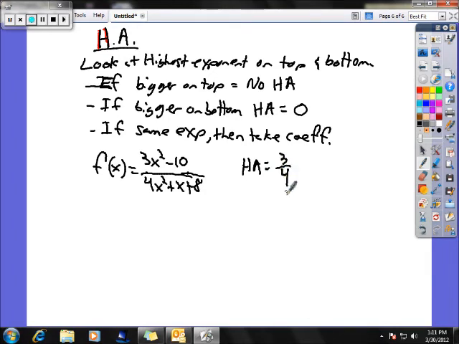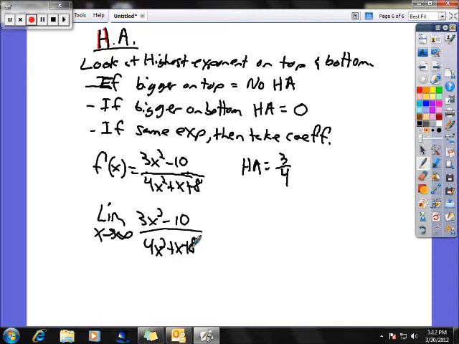Now, the limit as x approaches infinity, let's look at it this way. We're going to get the same answer because that's what horizontal asymptote means. The limit as x approaches infinity of 3x squared minus 10 over 4x squared plus x plus 8.